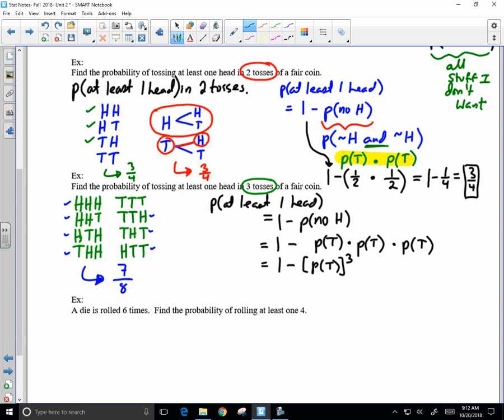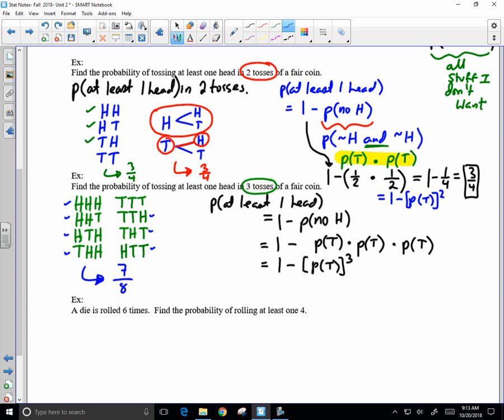That's an important realization if you do have a situation that's way more complicated. If I'm tossing a coin 13 times, I now have a model that's going to work, because the first one was the same idea. It was 1 minus the probability of getting tails raised to the 2nd power.